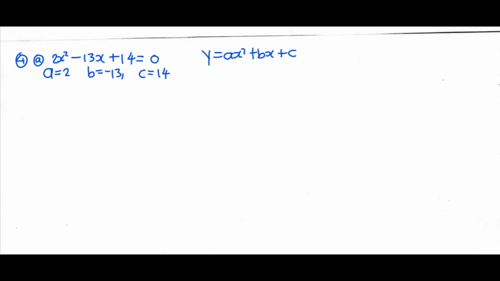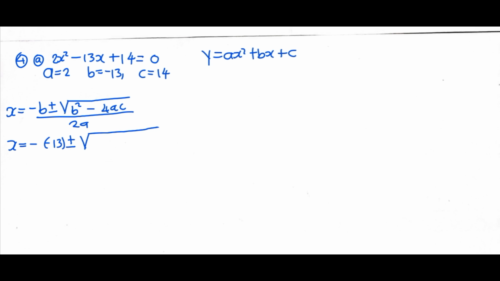So we are supposed to write our formula. So x is equal to minus b plus or minus the root of b squared minus 4ac divided by 2a. So let's do substitution. So what is the value of b? Negative 13 plus or minus, here it's negative 13 squared minus 4. What's our a? It is 2. Our c is 14, divided by 2 times 2.